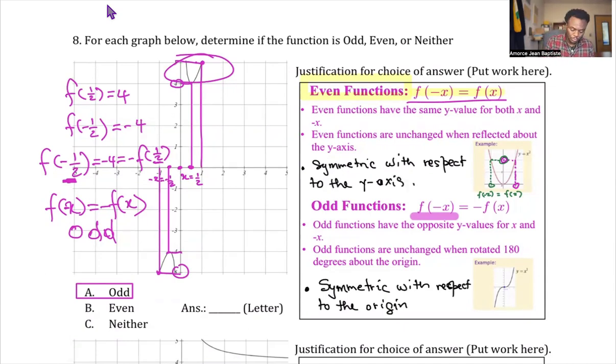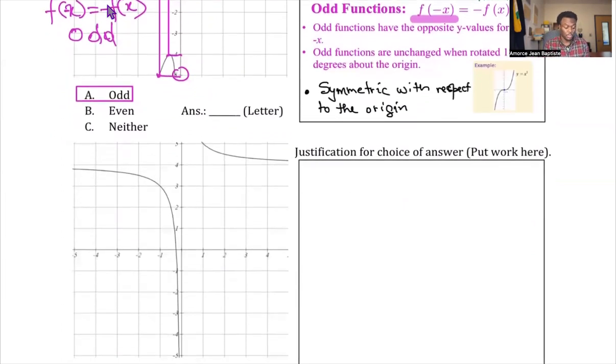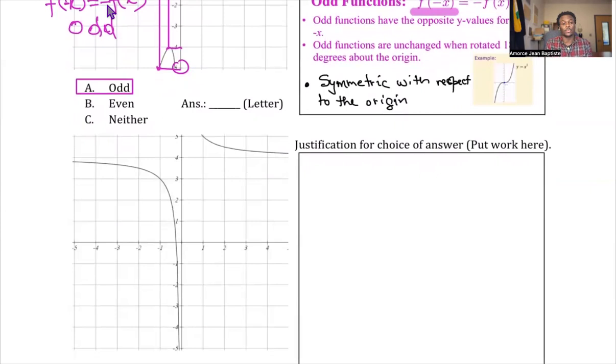Okay, let's try another one here. Same question here. We're looking to see if this function is even or odd. Even function, remember, they are symmetric with respect to the y-axis.